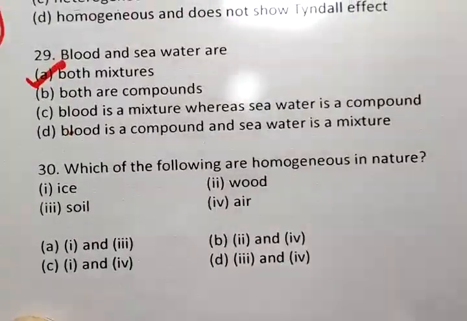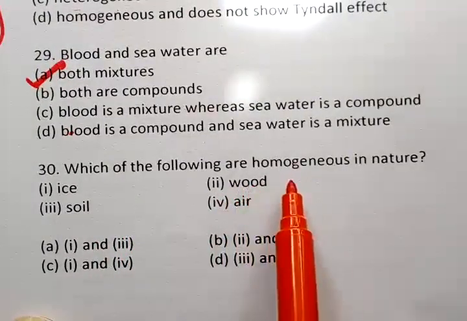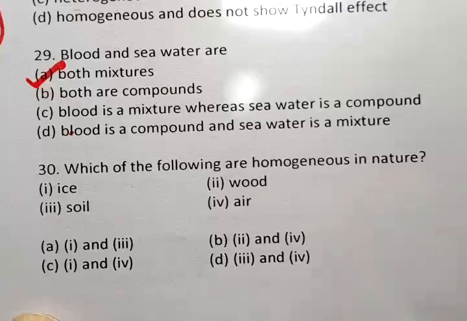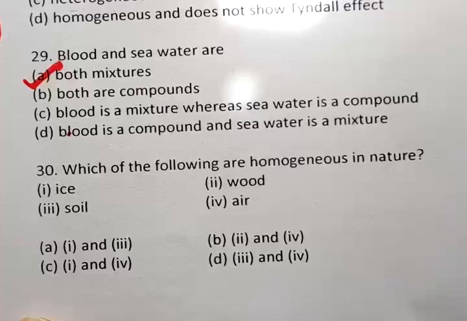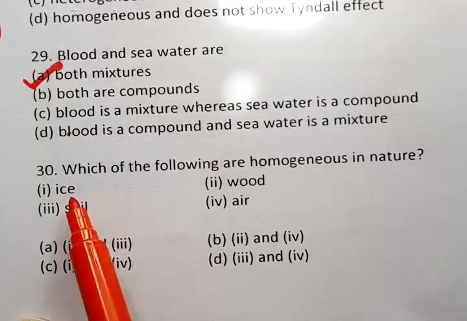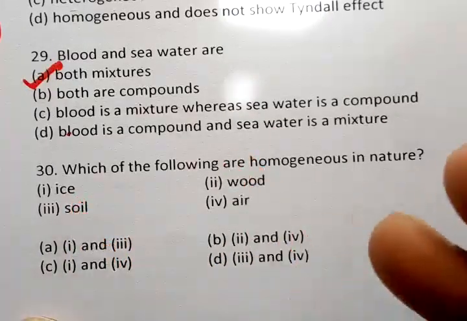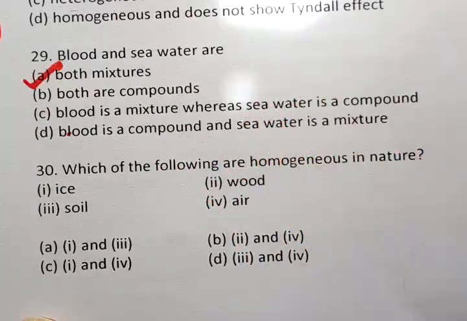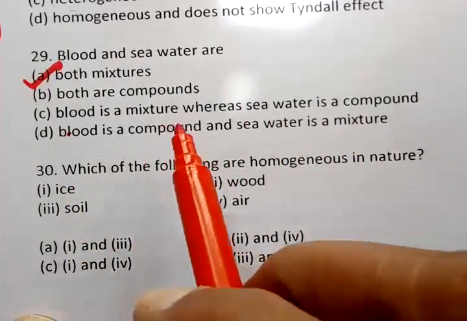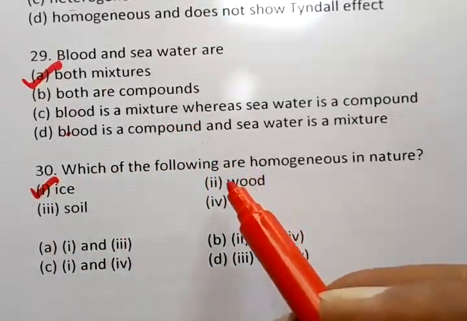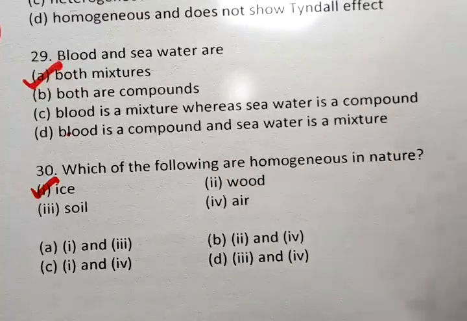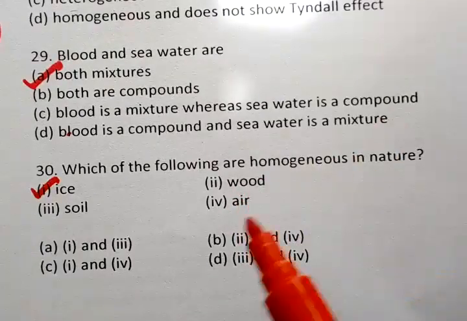So the 30th one. Which of the following are homogeneous in nature? Homogeneous means same throughout the substance. Ice, yes, only water molecules. Wood, there can be many things. So wood is not homogeneous. If you take a log of wood and cut at different places, it will show different colors and texture.